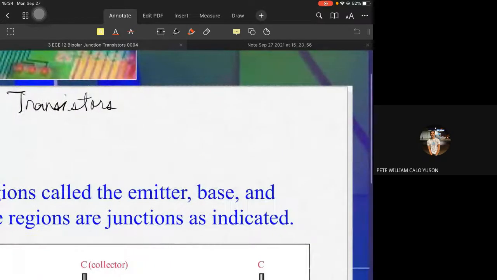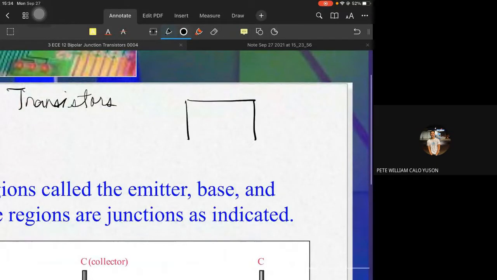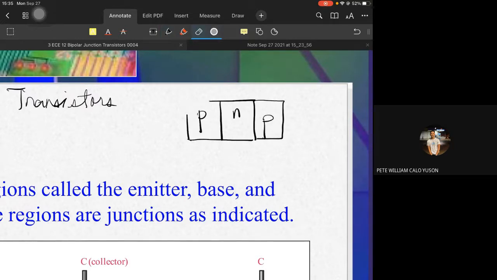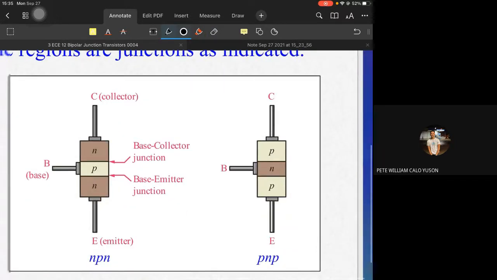Unlike the diode, which has only 2 regions, the P region and the N region, we could create a transistor by adding a third region, either another N or another P. Hence, there are 2 types of BJTs: the NPN and the PNP BJTs.